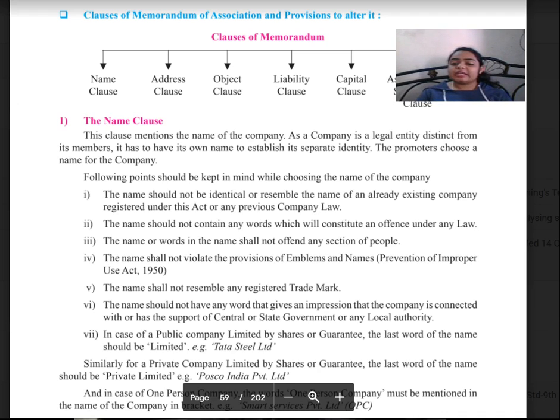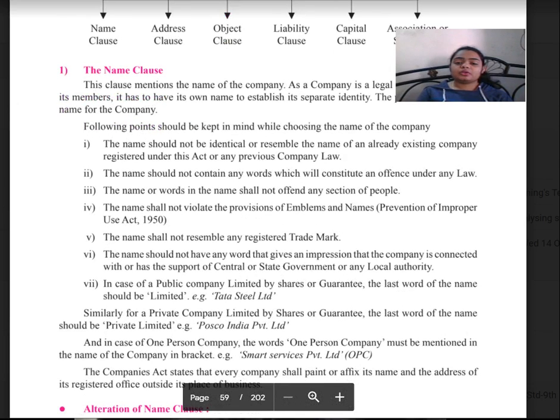So firstly, the name should not be identical to or resemble any name which is already existing or existing under any previous company law. Then next, the name should not contain any words which will constitute an offense under any law. The name or words in the name shall not offend any section of people.